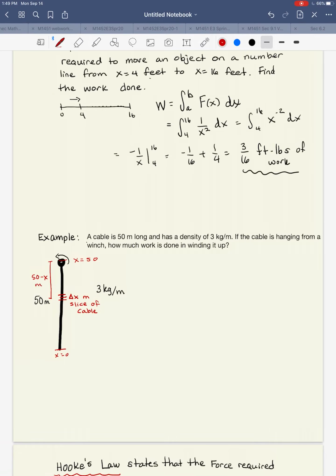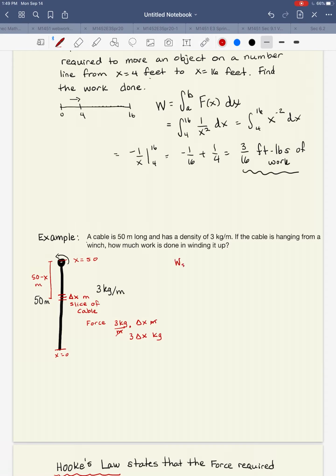The weight of that small slice of cable is going to be its force in kilograms. So I take my 3 kilograms per meter and multiply it by delta x meters, and you can see that the meters will cancel, and so we have 3 delta x kilograms of force on that slice.